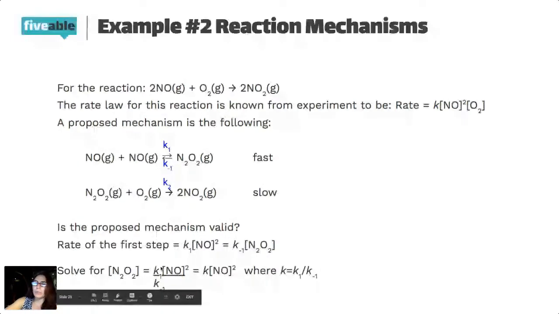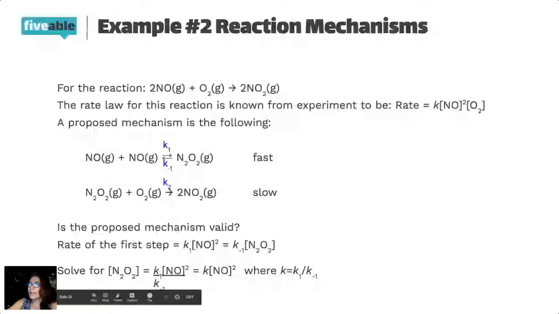And then, since the K's are constant, we can place them together and have K times the concentration of NO to the power of 2, where K would be these two constants. Is it understood what I did here for solving for N2O2?